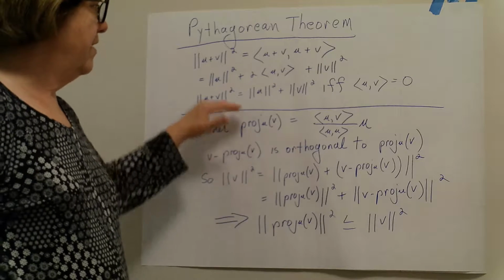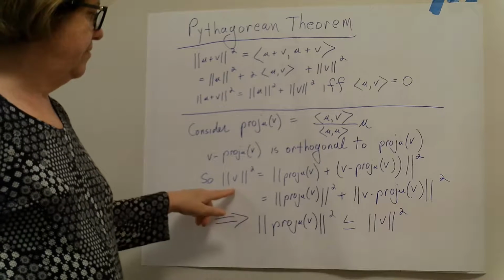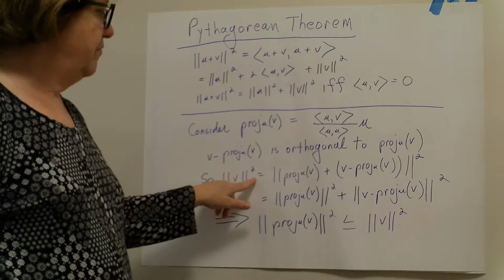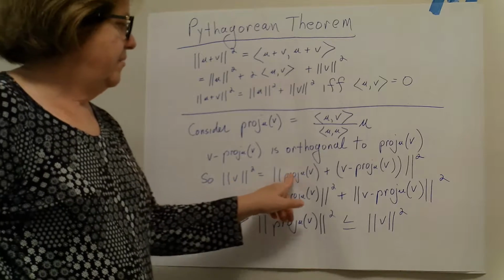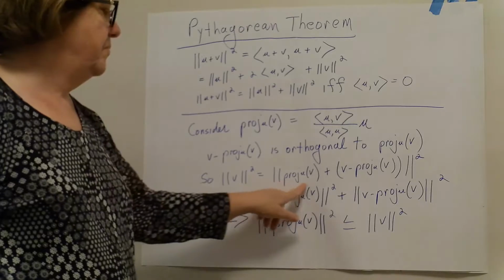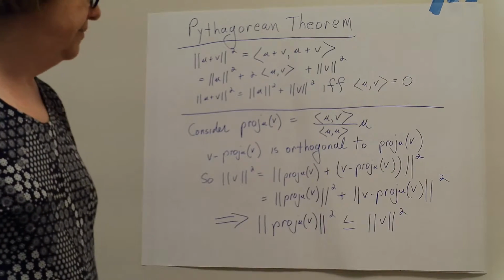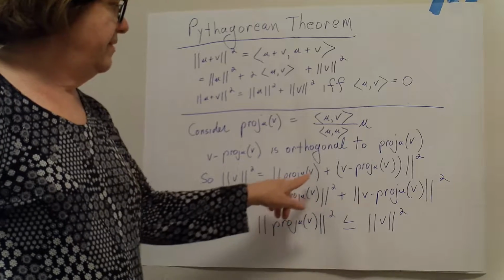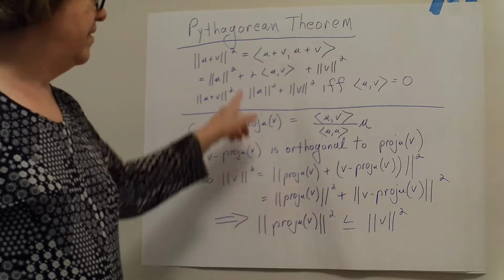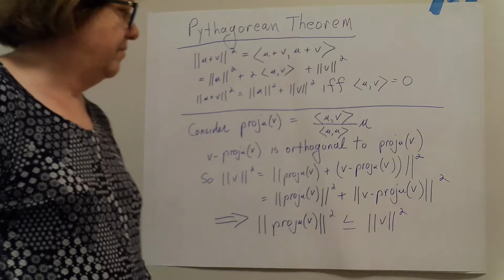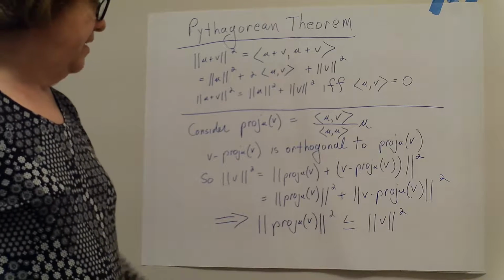Okay, so v minus the projection of v onto u is orthogonal to the projection of v onto u. Well, if they're orthogonal, we can use the Pythagorean theorem and say the norm of v squared is definitely equal to this, because the projection of v onto u minus the projection of v onto u is 0. And then, since these two are orthogonal, we can use the Pythagorean theorem and divide them up like this.